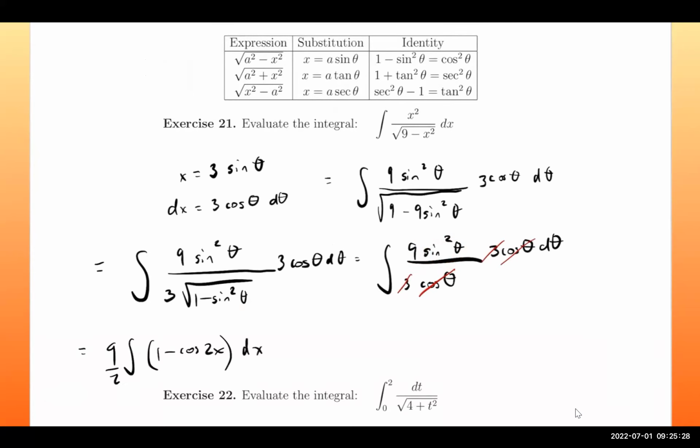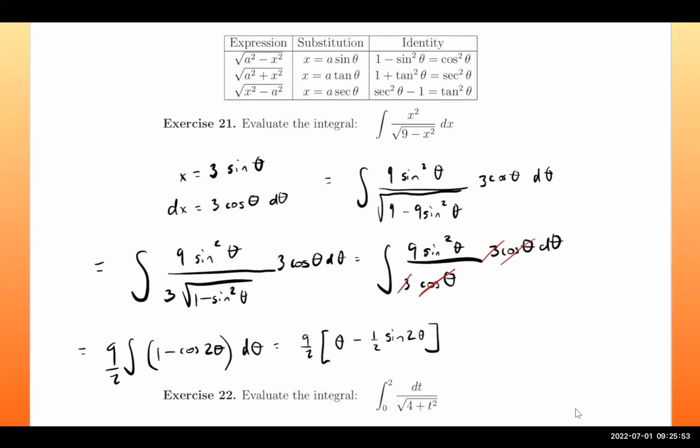So that's going to be 9 over 2. Sorry, this should be theta. All right, so the antiderivative of that would be theta minus 1/2 sine 2 theta.